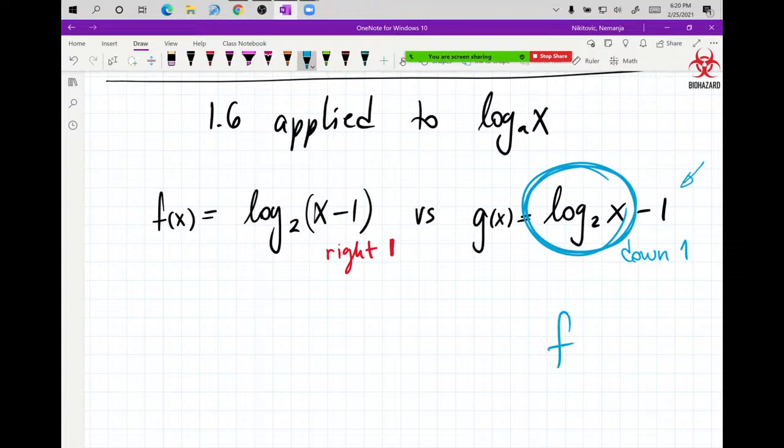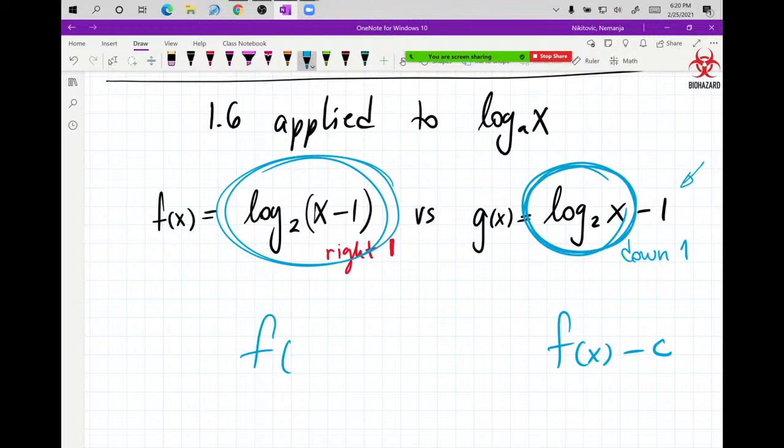So that's somehow that f of x minus c, right? Where over here, because this is a group, all of this is like 1 unit, and you have your 1 attached to x, which is why this is this situation. And this is your horizontal shifting, and this is your vertical shifting.